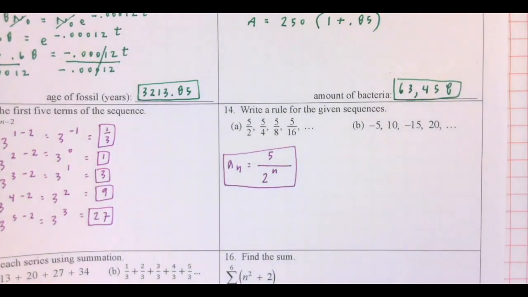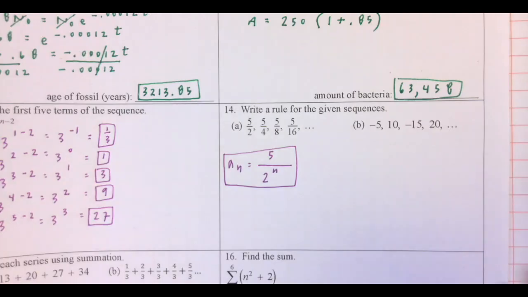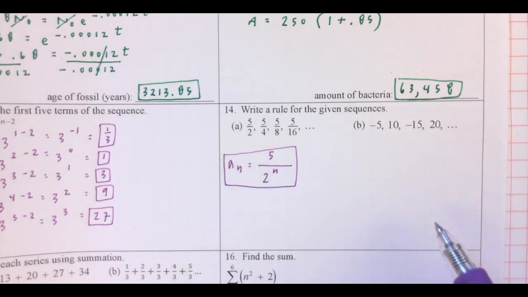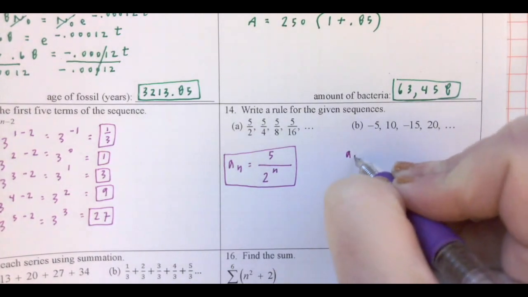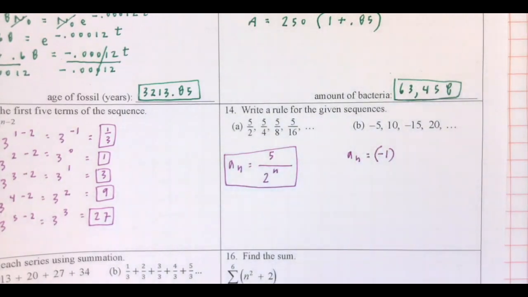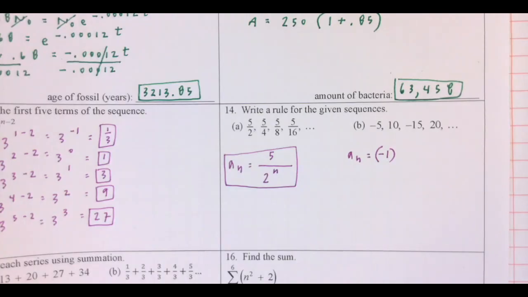Okay, the next one here, it looks like if I didn't have different signs, it would look like it's increasing by increments of 5. But I do have signs that are flipping. So I know it's going to be one of those variations where it's going to be -1, either to a power that's going to make it start with a negative or flip to a negative on the second term.